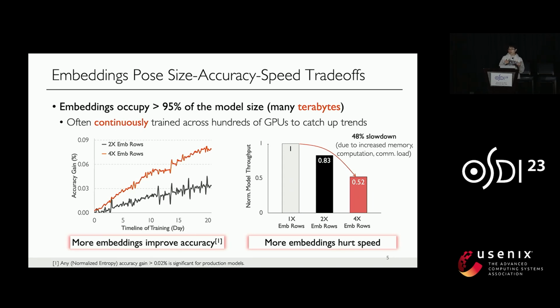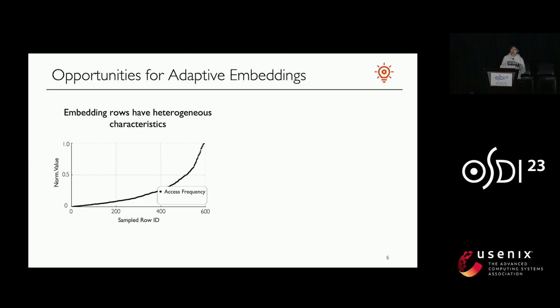So it would be great if we can achieve better model accuracy without allocating more embedding rows. But how to achieve this? Actually, for individual model inputs, only a subset of embeddings are accessed. And this figure shows rows have different access frequencies.